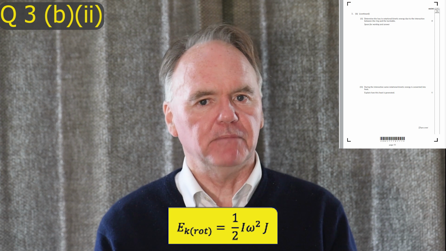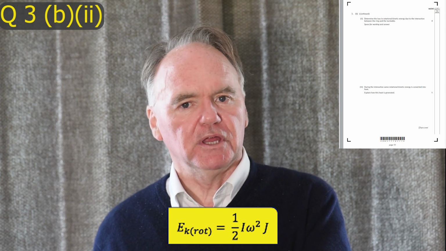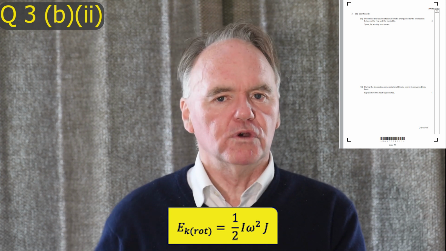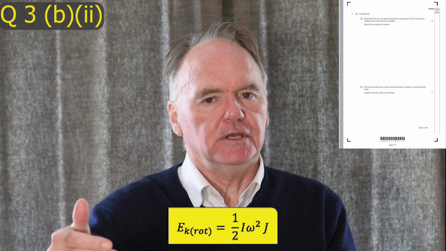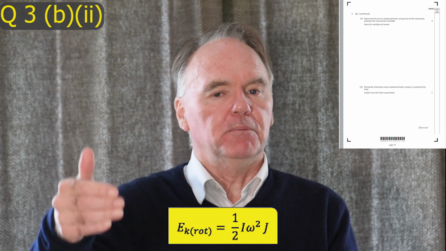It's a half I omega squared. Evaluate that with the values before the collision, the coupling, and evaluate it with the values after the coupling, and subtract the answer after from the answer before to get an answer of 0.03 joules.